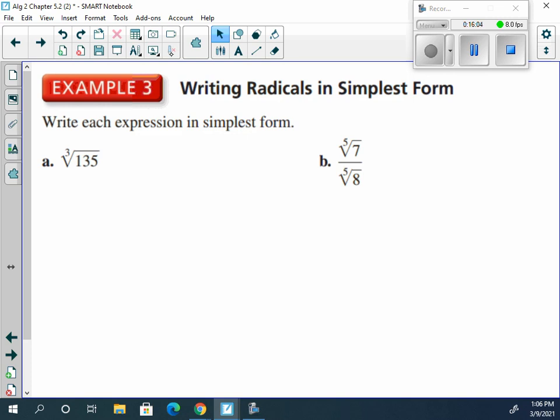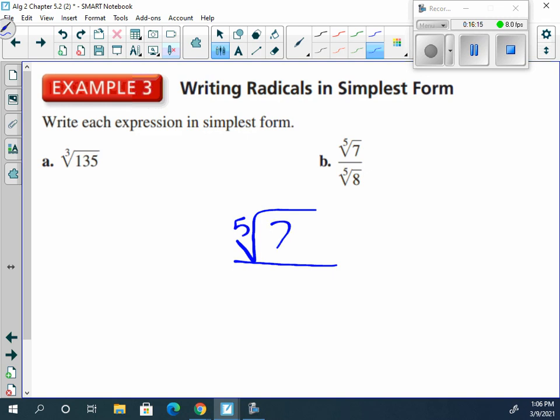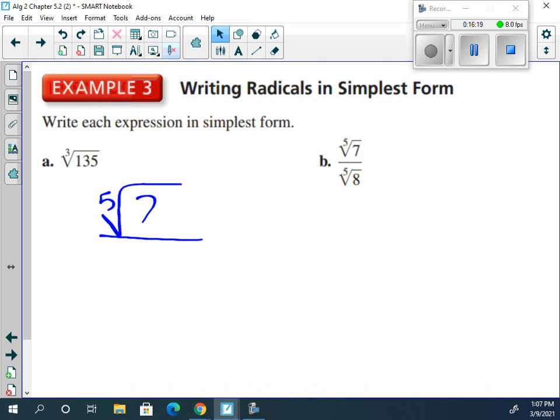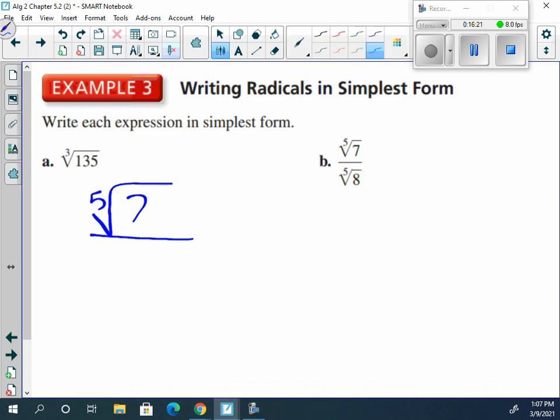So what we want to do is get rid of this radical in the denominator. Okay. I want to move you over here. We're going to look at 2 ways to do this.